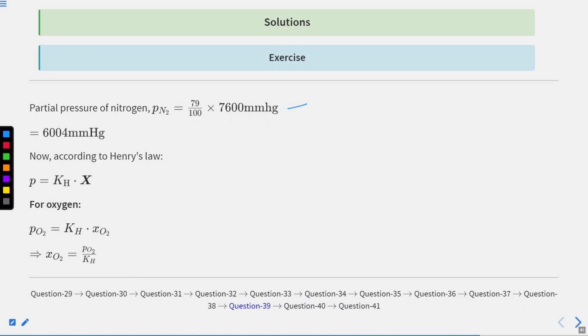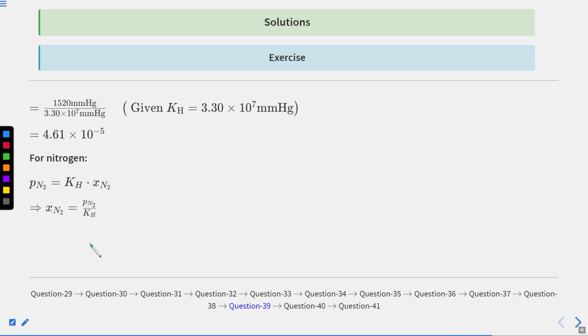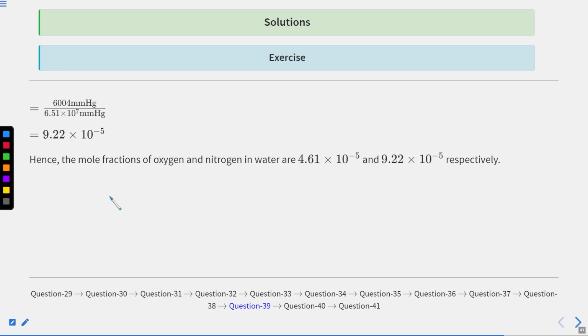Now according to Henry's law, we can calculate chi of O2 by this formula, and similarly chi for N2 by this formula. Got it? Hence the mole fraction is this and this.